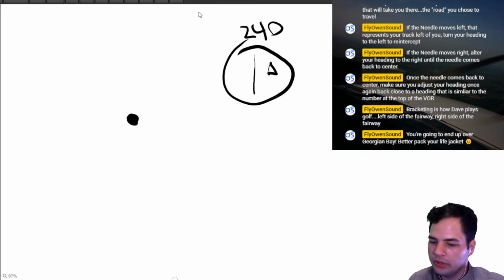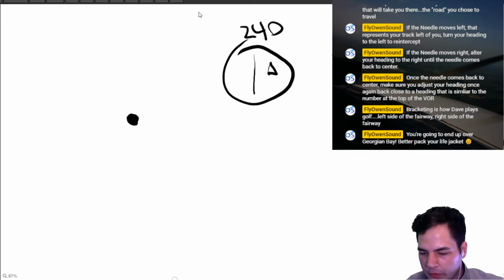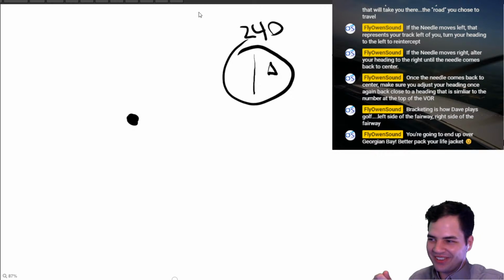You know how to fly to the VOR. But sometimes a question like this can be a gotcha because you're not in an airplane flying 240 to get to it. You're trying to visualize where is my airplane. What I like to do with these ones is don't overcomplicate it, and don't get your protractor out and measure to the degree.